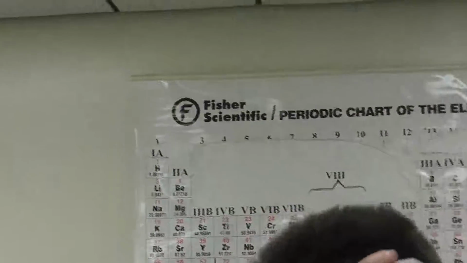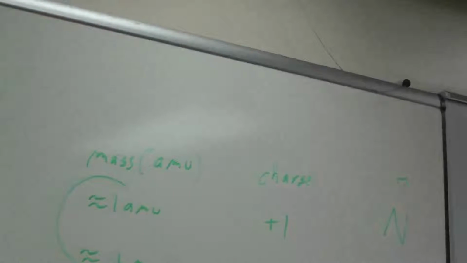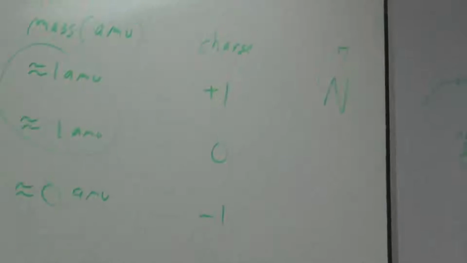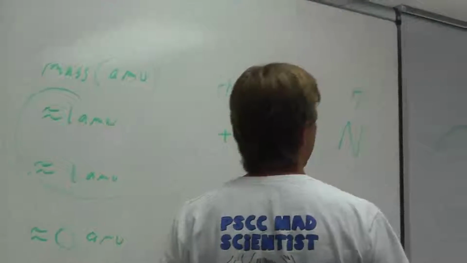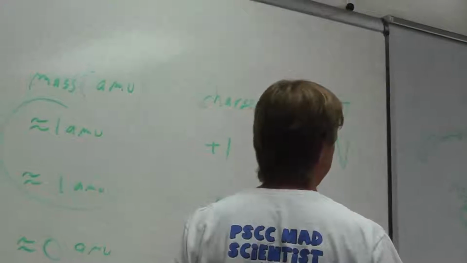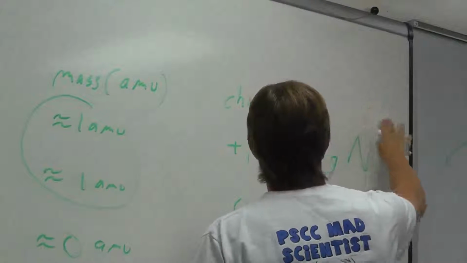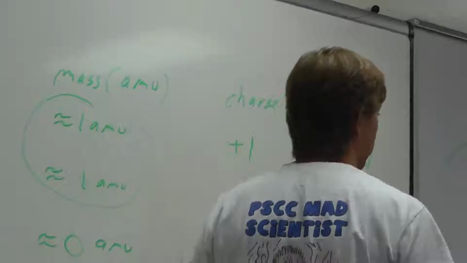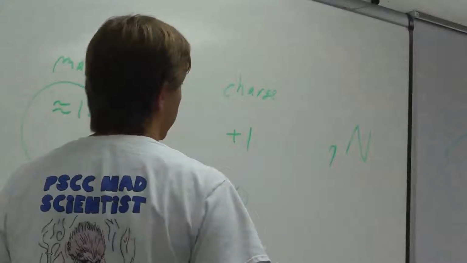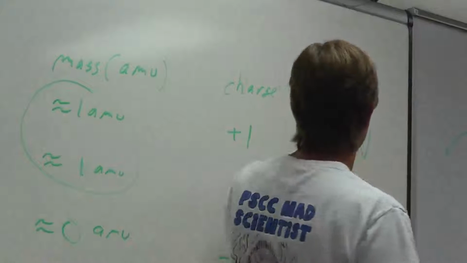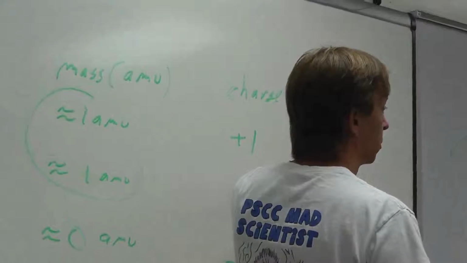So every single atom of nitrogen has exactly 7 protons in the nucleus. That's what makes it different from carbon and boron and oxygen and whoever. Every atom that exists with exactly 7 protons is going to be nitrogen and behave like nitrogen. So sometimes you'll see that nitrogen at the lower left.